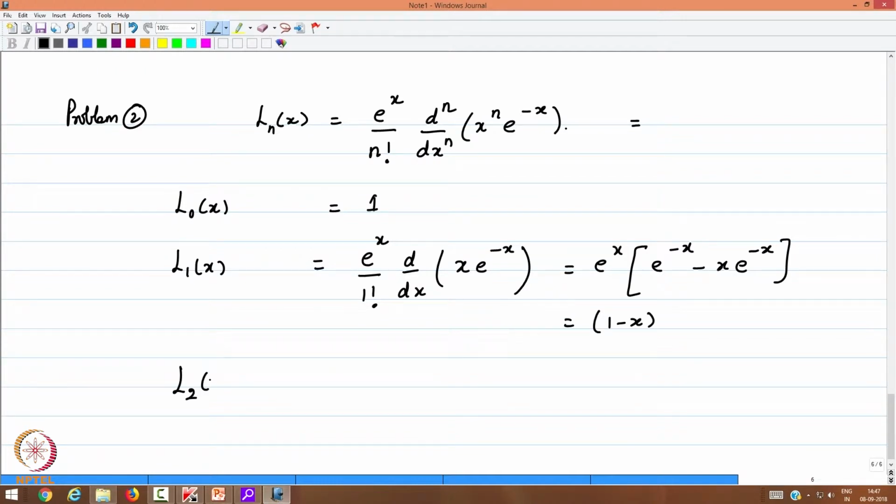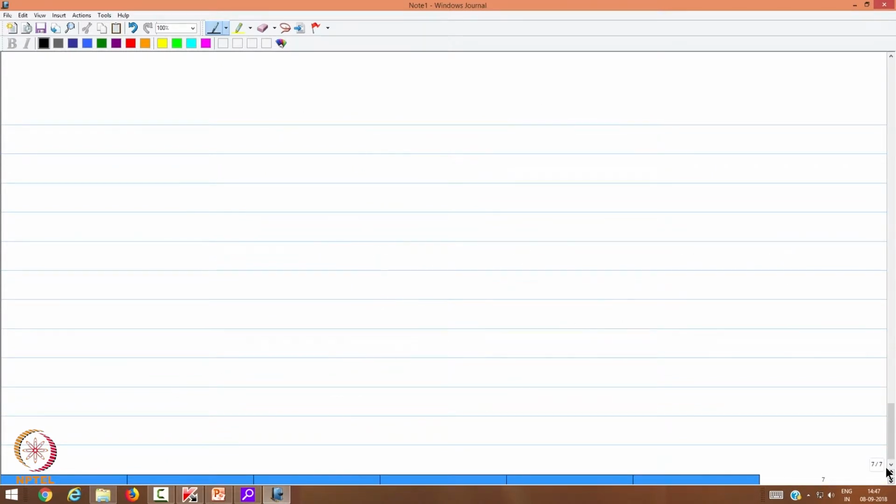L2 of x will be e^x divided by 2 factorial, d squared by dx squared of the function x squared e^(-x). Therefore, you have to take two derivatives.